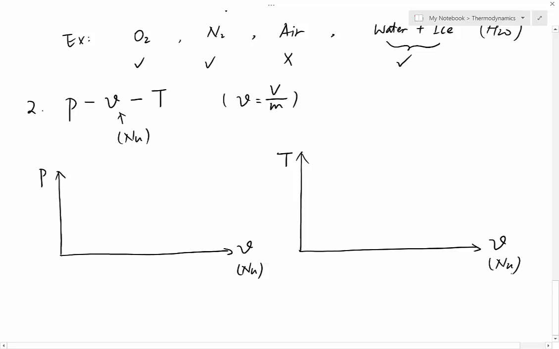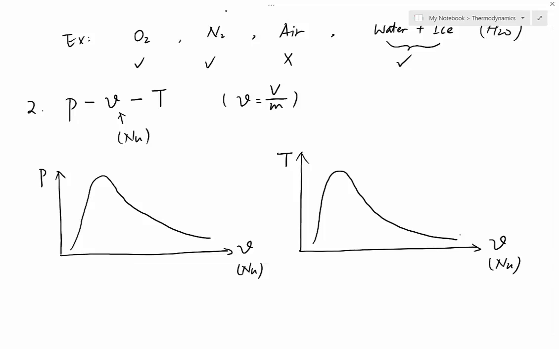Okay, and each of them has a vapor dome. This is called a vapor dome. Be careful here because the dome is not exactly symmetric. The left half of the dome is more steep, while the right half is less steep. Okay, it's not perfectly symmetric. Those two domes are called vapor domes.